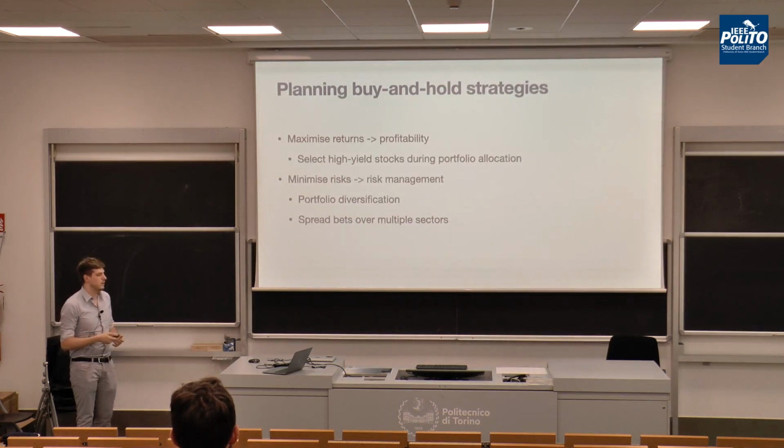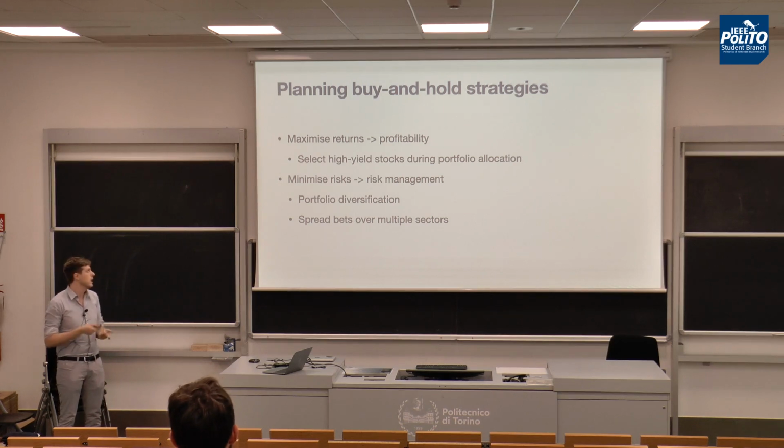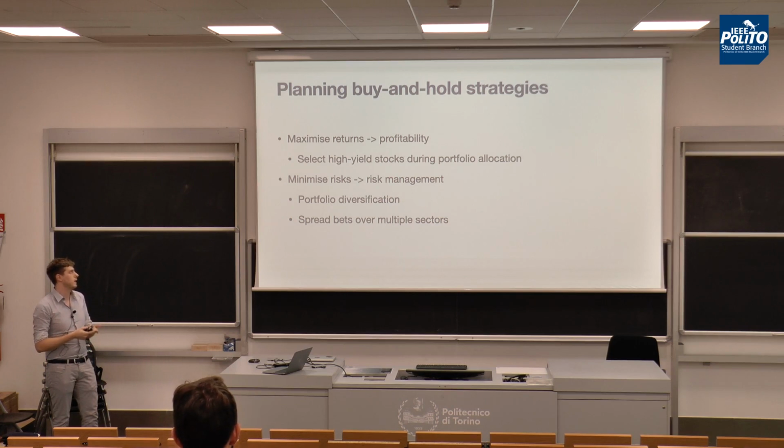So what are the basics of buy and hold strategy? You want to maximize the returns and you want to minimize risk. How do you maximize the returns? By buying stocks that you expect will grow much more than all the other ones. And to minimize risk, you try to spread bets over different groups of stocks.